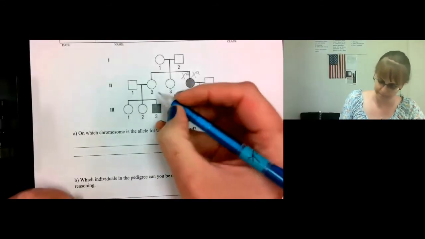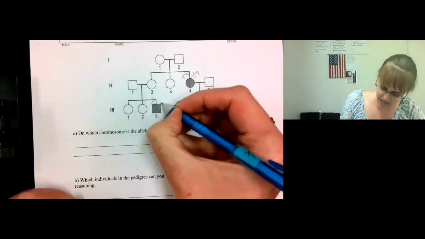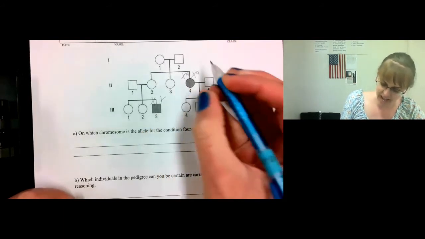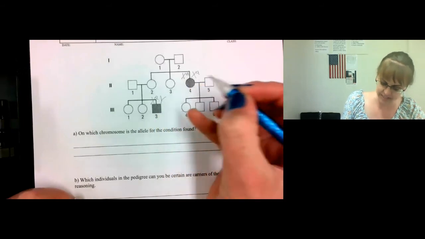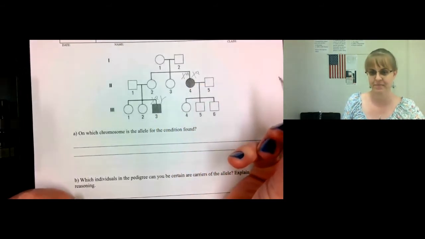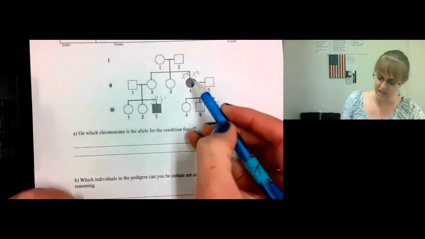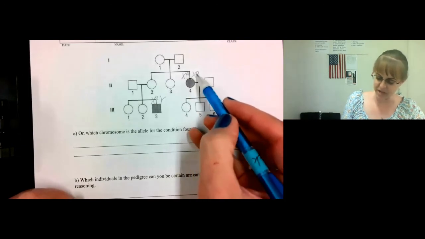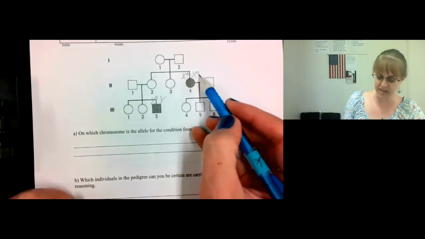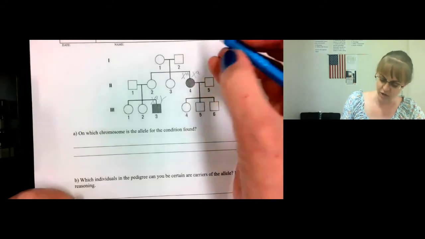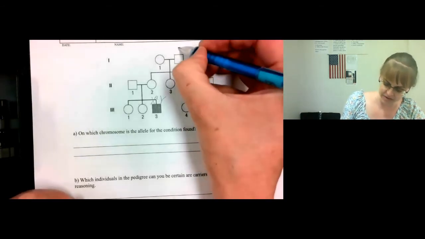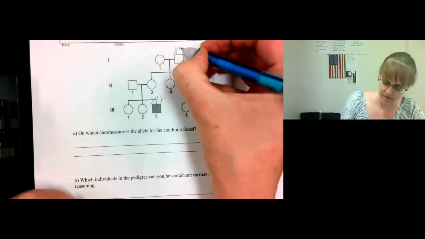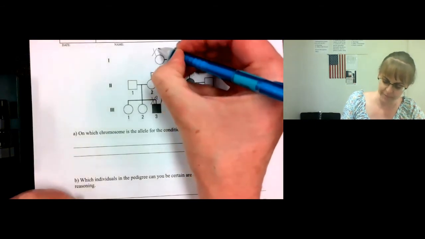This is a male. He is XY. He has the recessive a on his X chromosome. All right, now if this female got 2 X's with an a, she got one of them from her dad and one of them from her mom.